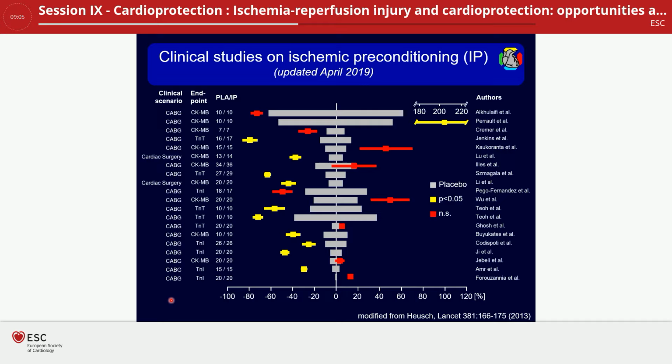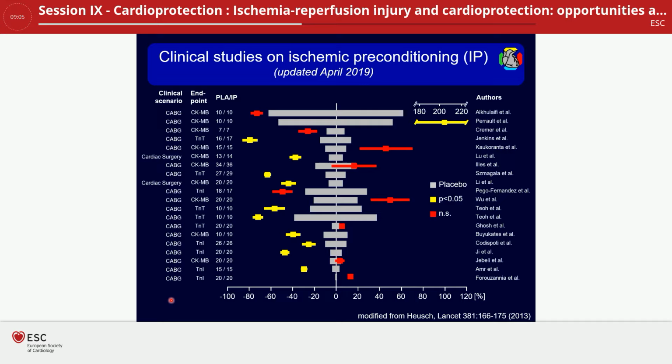And then the treatment group is the colored data points: yellow for the significant ones, red for the non-significant ones. Every data point that is leftward from the zero, from the control group, gives evidence for reduced infarct size. Everything right is a larger infarct size.